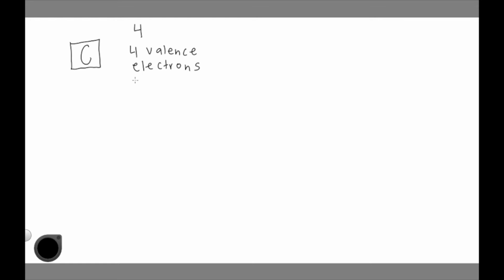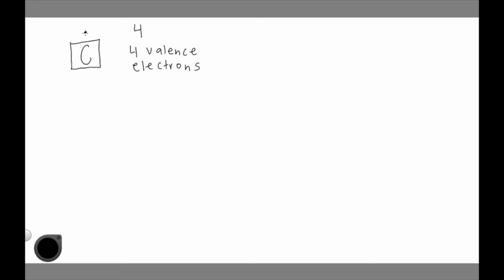So finally, now that we know the number of valence electrons that carbon has, we place those electrons around the imaginary box that we drew around the symbol for carbon. One electron at a time and one side at a time.